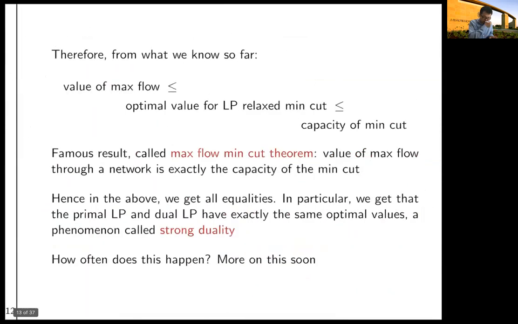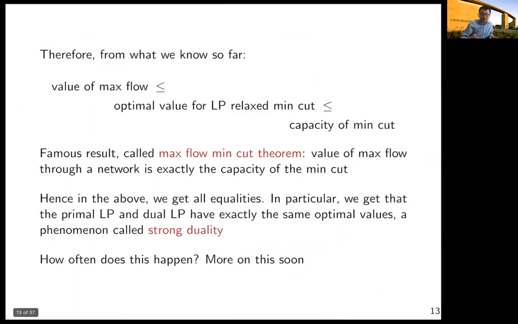Okay. So in fact, this claim can be directly seen from what we've derived just now. Notice that the value of the max flow problem, which is an LP, is always smaller than the optimal value of the dual problem, right?